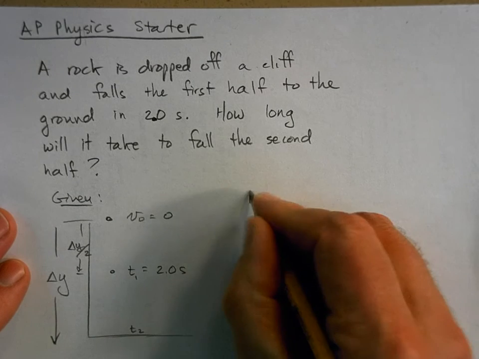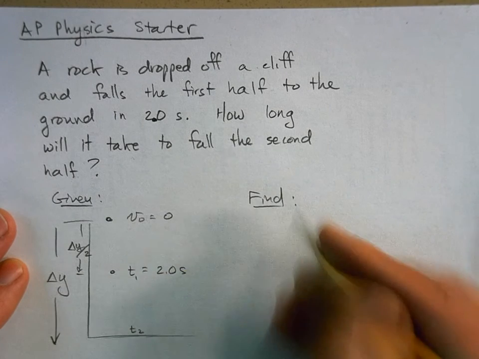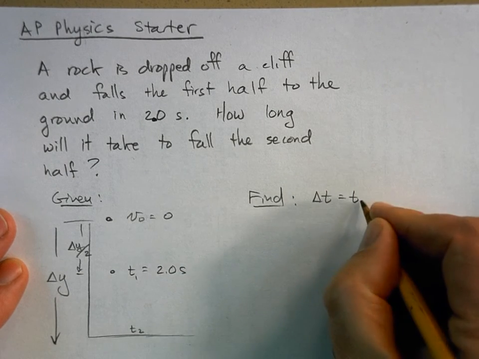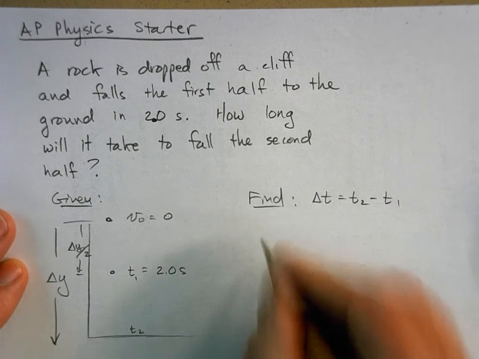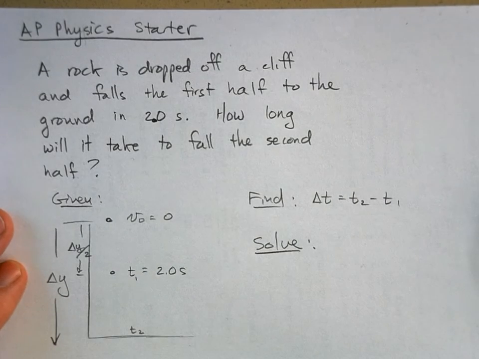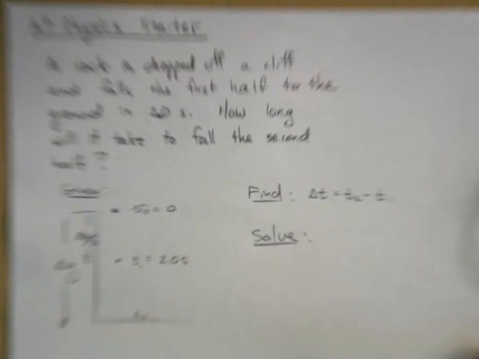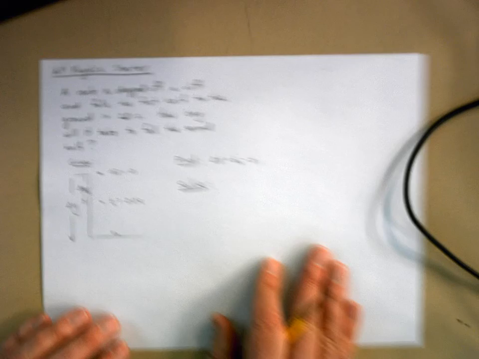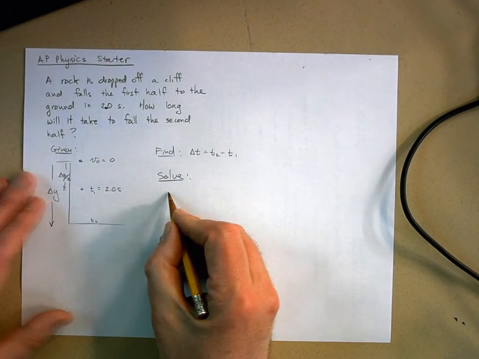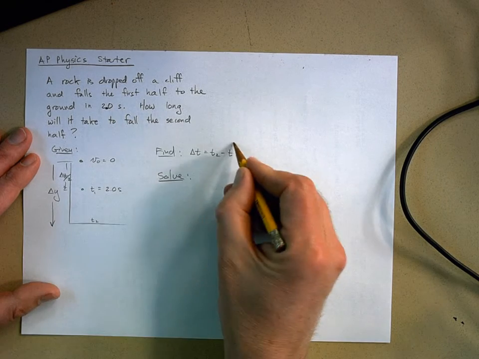So anyway, what are we trying to find? We're really trying to find the time from here to here, which is delta t, which is t2 minus t1. So let's solve this. Well, T1, I know.